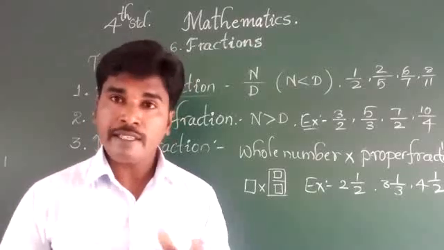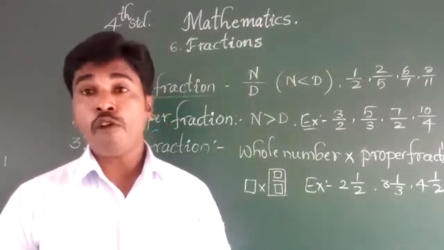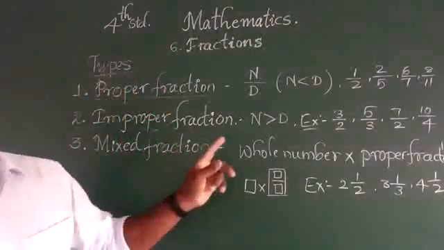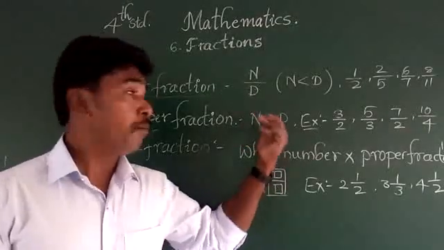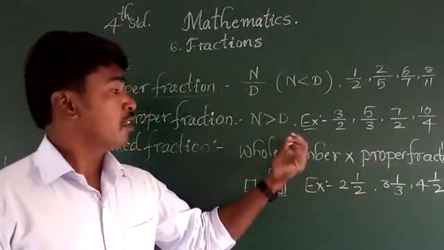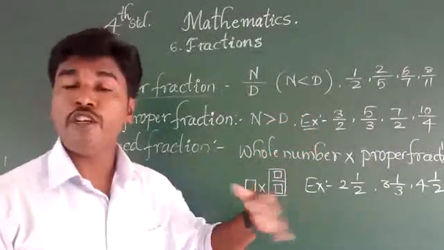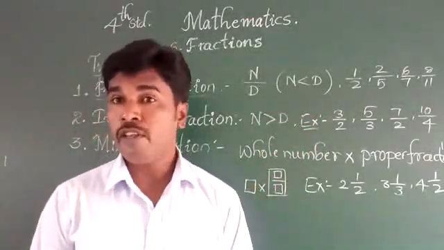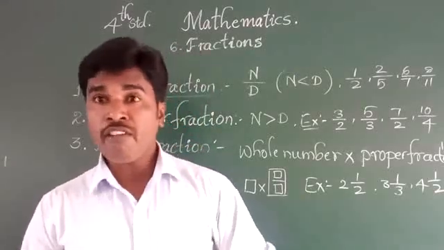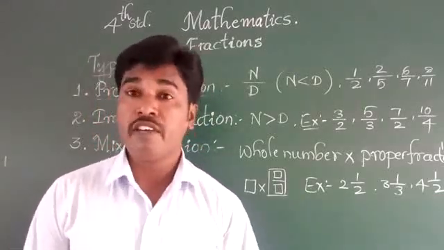In this lesson, I am going to explain how to convert mixed fraction into improper fraction, as well as improper fraction into mixed fraction. Before that, I will explain equivalent fractions and also some types of fractions.